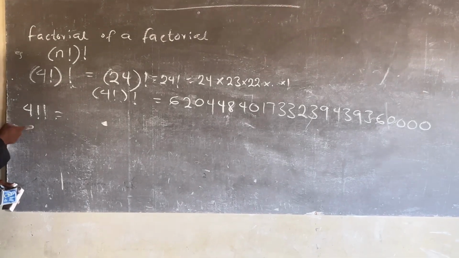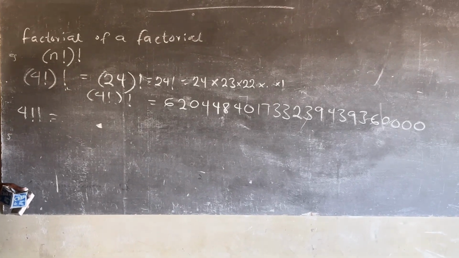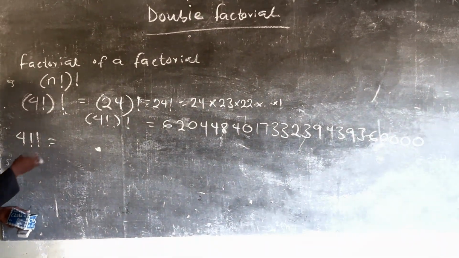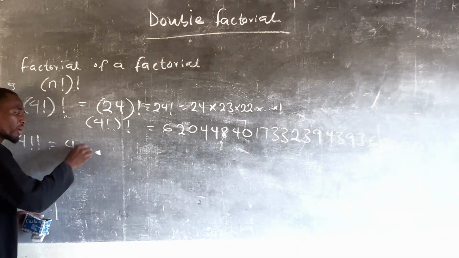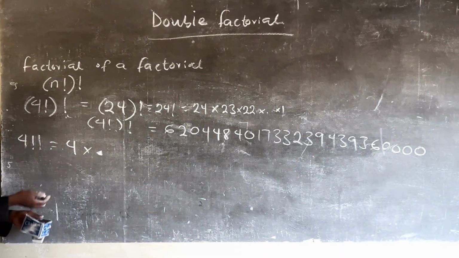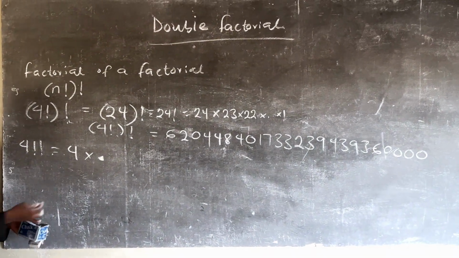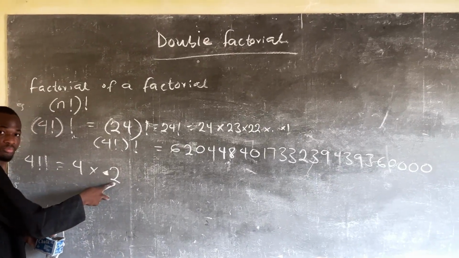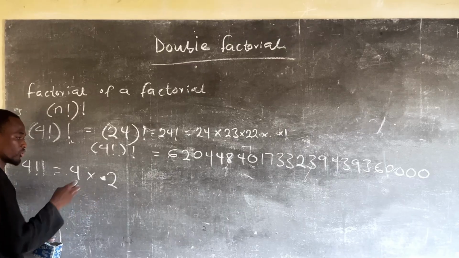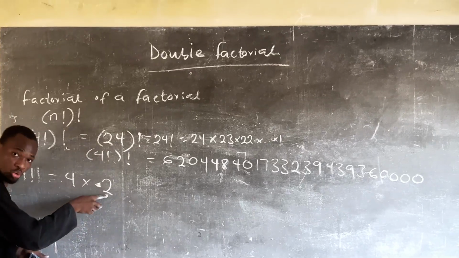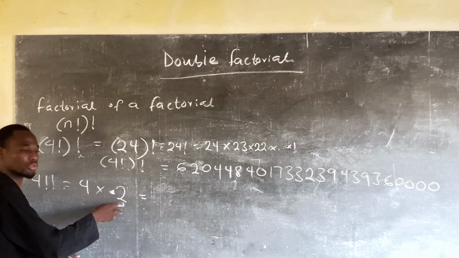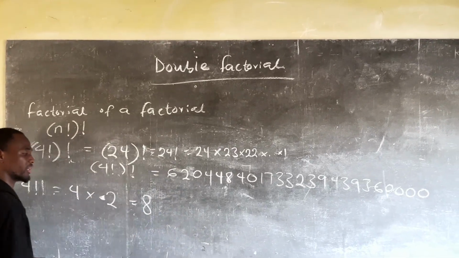Is n even or odd? Even, right? So what do we do? You start with the number 4. Then is it 4 minus 1 or 4 minus 2? 4 minus 2, very good. So we have 2. Remember, we said when you get to 2, that's the ending point. So we have 4 times 2, 8. So have it to the 8.